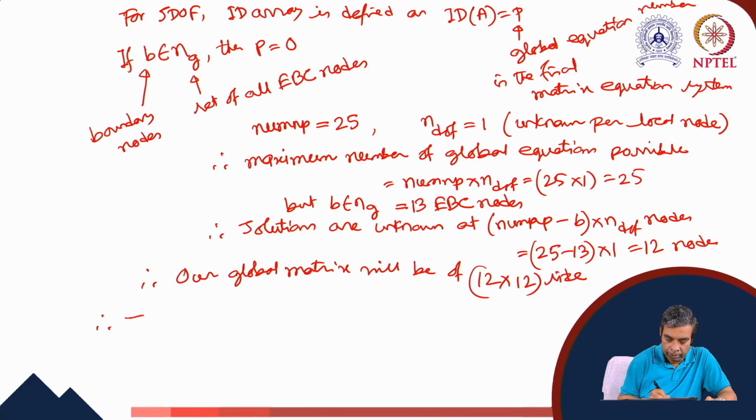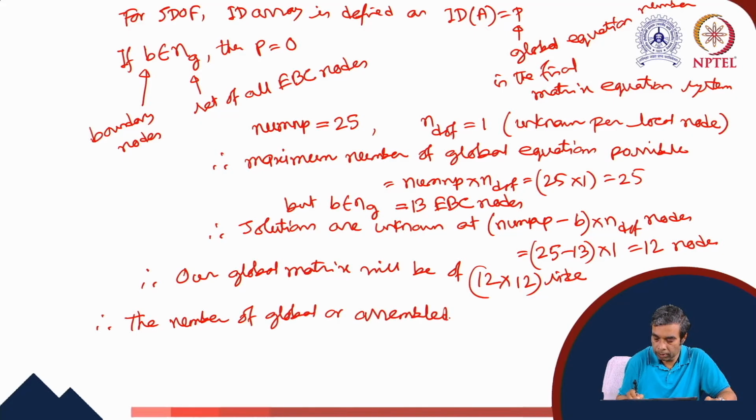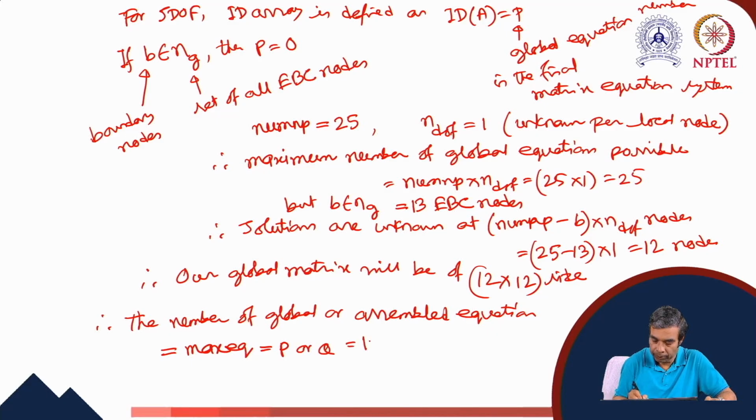Therefore, for the number of global or assembled equations, we define a variable, the maximum number of equations. So this is maxi q equals capital Q equals 12. It means that for this particular problem, we can solve a maximum of 12 equations, or our assembled matrix will be of 12 by 12 size.